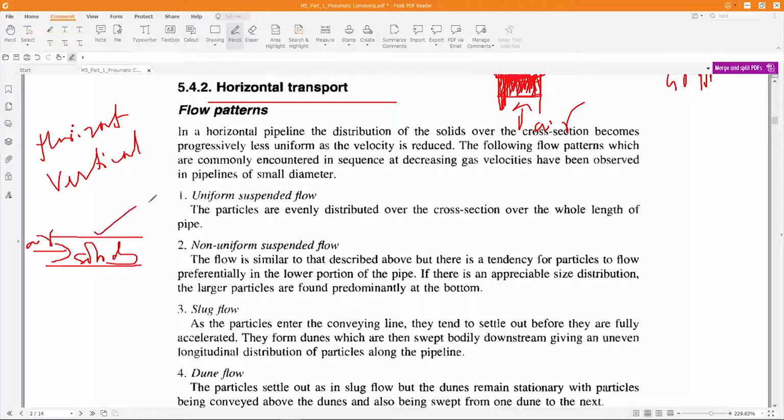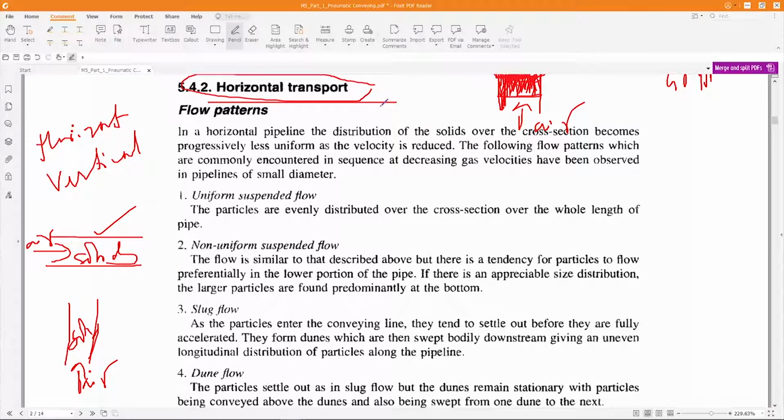This is horizontal transport. What about vertical? The pipe is in a vertical direction, and you have solids and you put air from the bottom. This is vertical transport. First we'll take care of the horizontal transport.